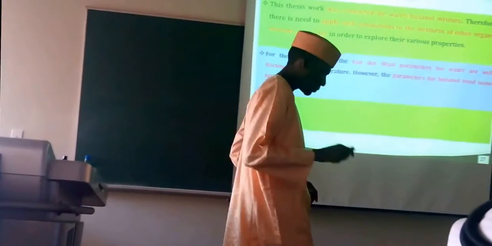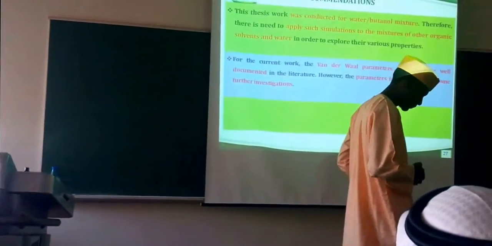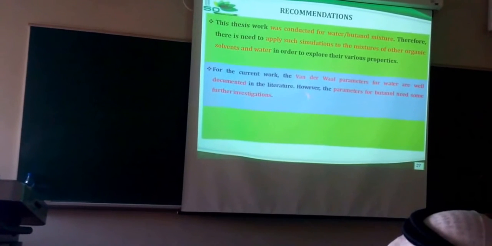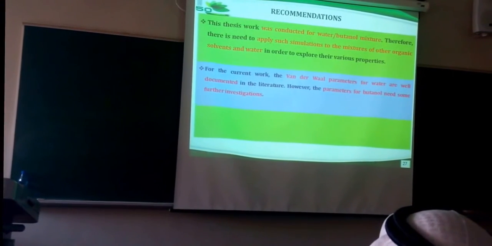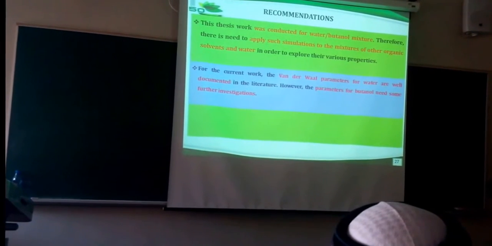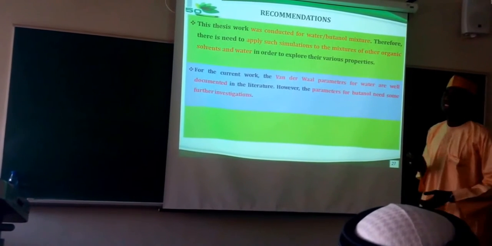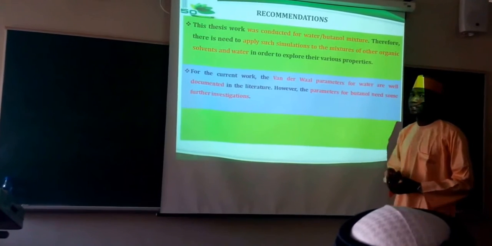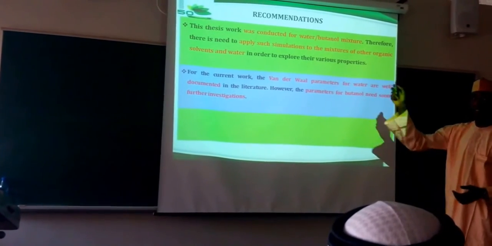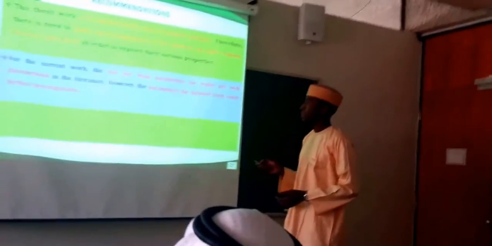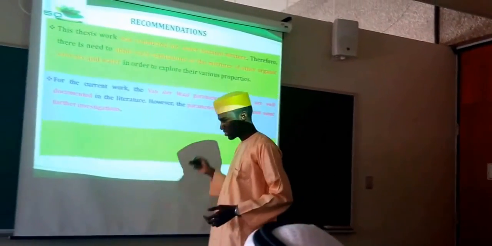And also for the parameters we used. For the water, there is no problem. It has been extensively studied. People have done so much work there. So there is a standard acceptable model, the SPC/E model for the water. That is the energy parameters used in the Lennard-Jones potential. But for the butanol, however, there has not been much work in the field.